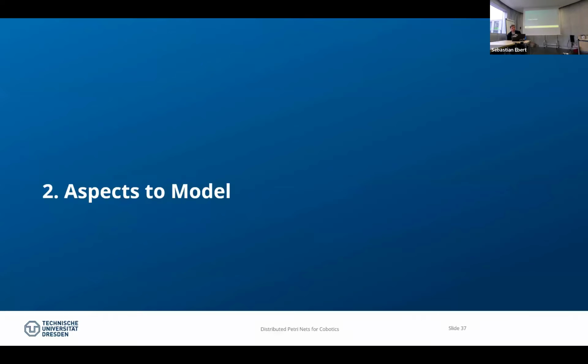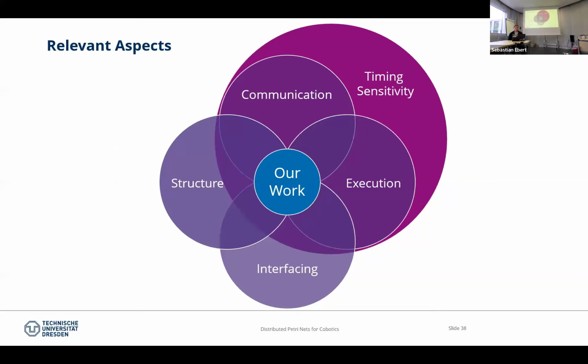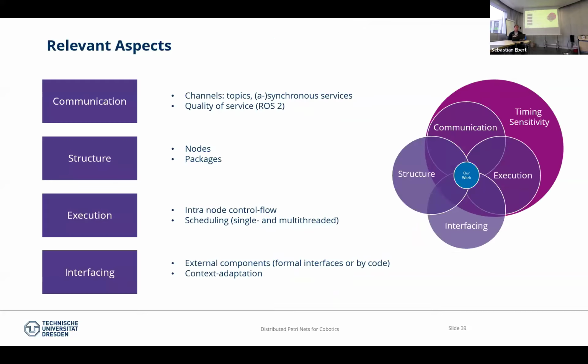If we want to model such an application, or a ROS system in general, we have to think about multiple aspects. Especially we have 4 aspects here, which are communication, execution, structure, and interfacing, while communication and execution are timing sensitive. Communication, in our case, is about topics and the services that you just saw, and maybe also about quality of service constraints. The structure is about our nodes and packages that we just saw.